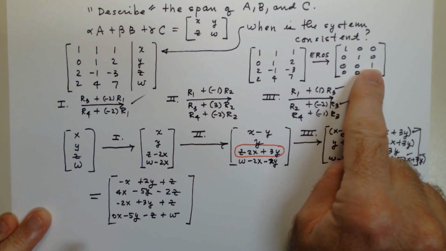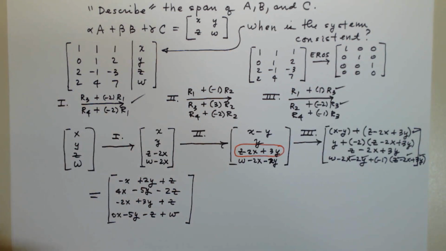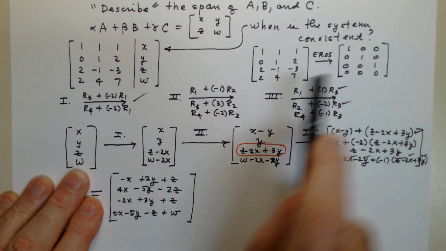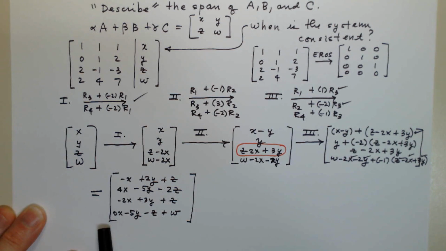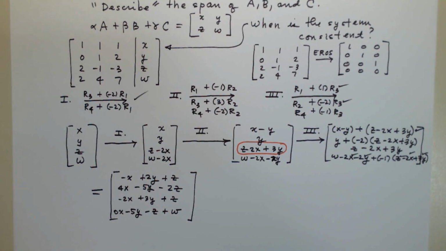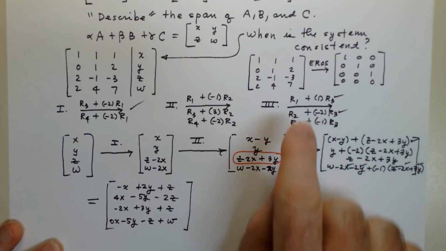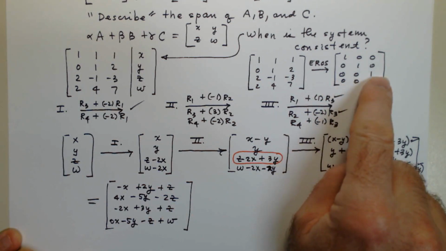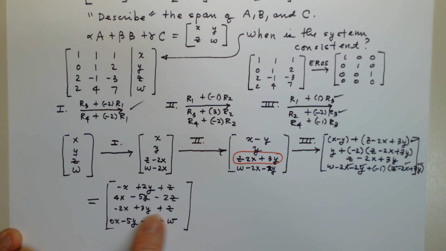That would have been on the left, augmented by this vector on the right. And so what is this telling us? The question of consistency boils down to, is this row equal to 0? Is this element equal to 0?